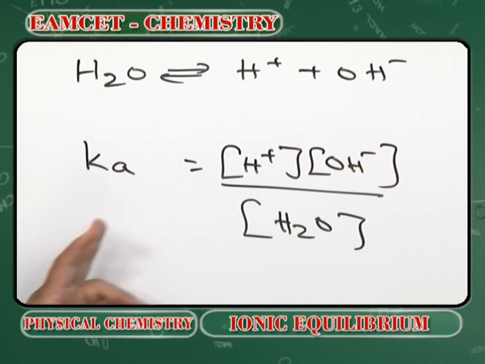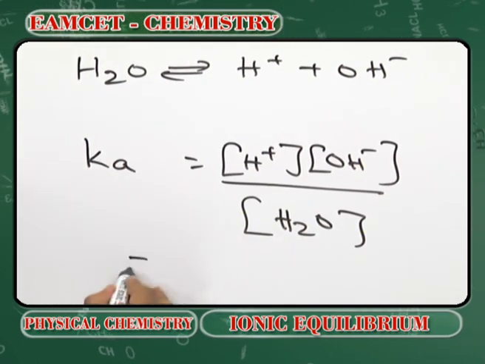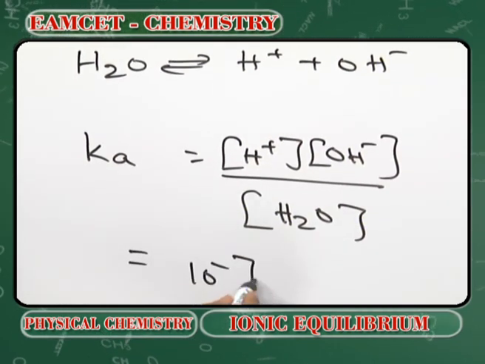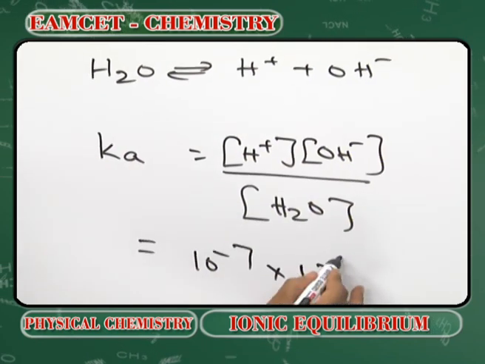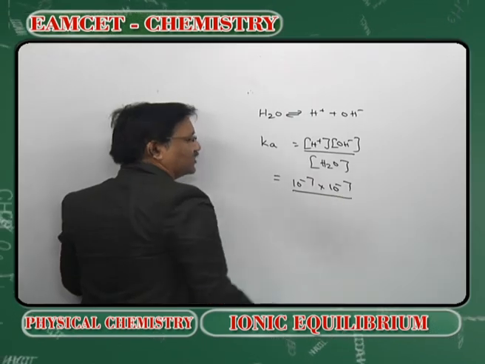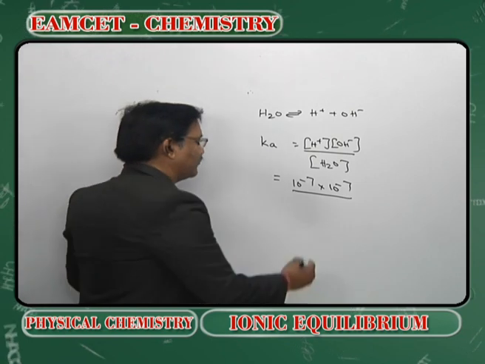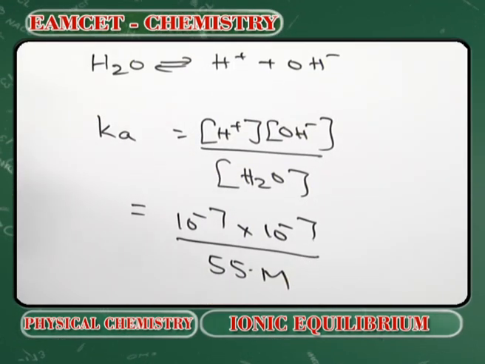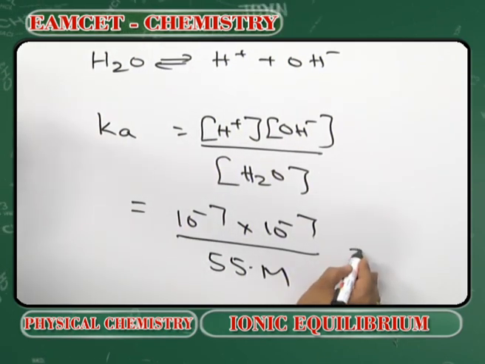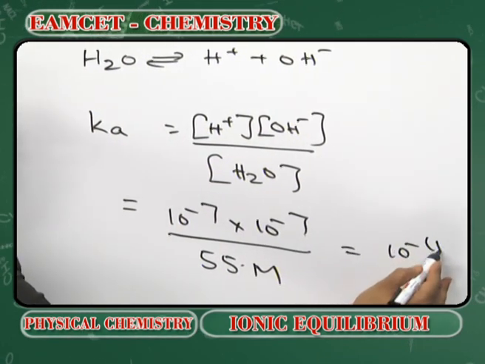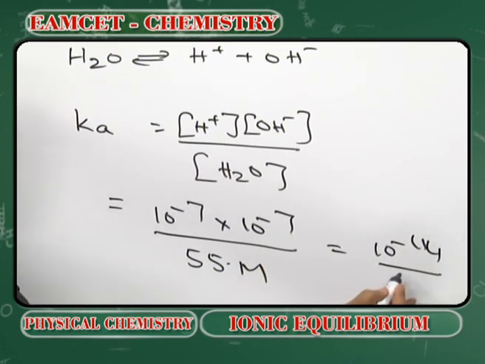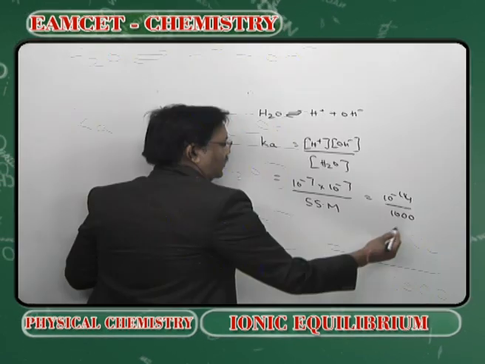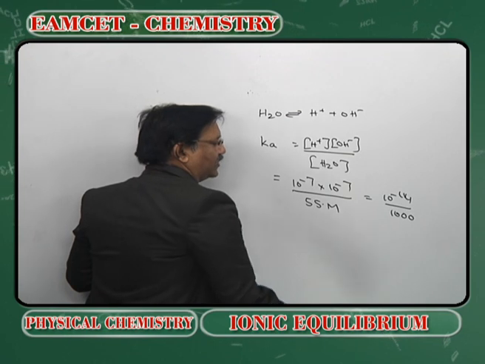What will be the H plus and OH minus ion concentrations? 10 to the power of minus 7 into 10 to the power of minus 7. And what will be the H2O concentration? 55.5 molar, which can be written as 10 to the power of minus 14 by 1000 by 18.